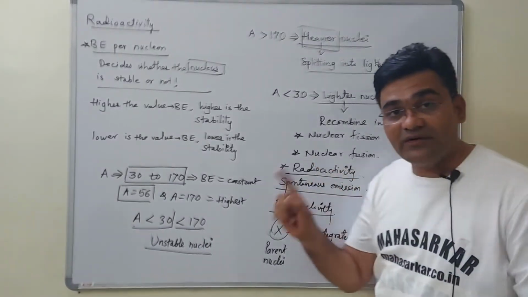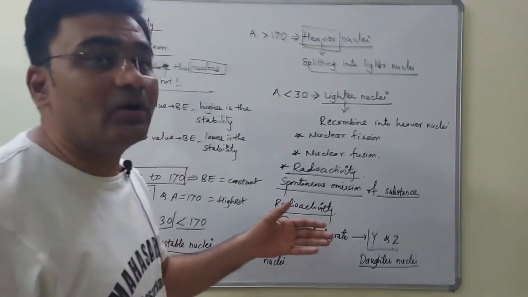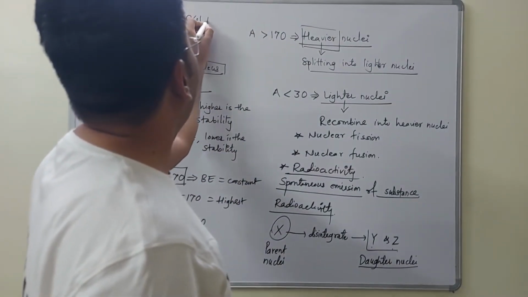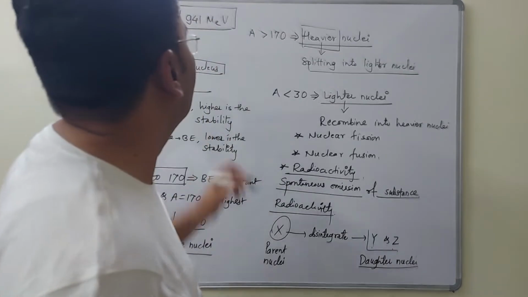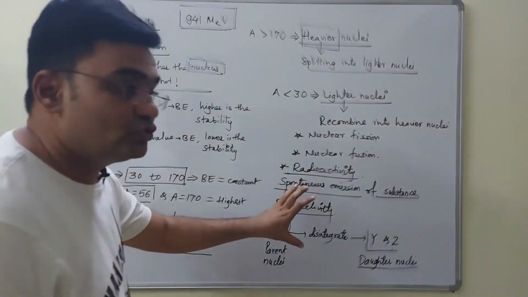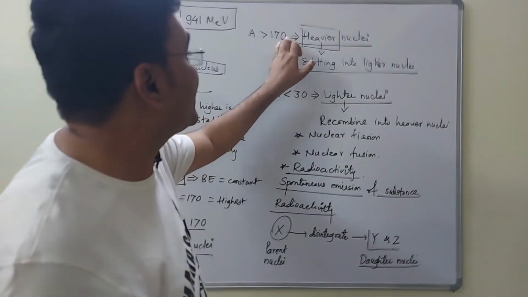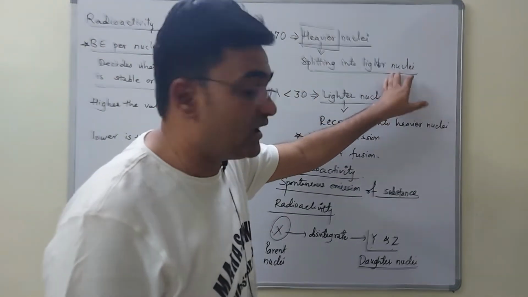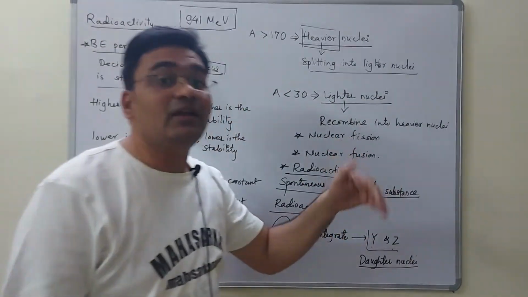During the process of radioactivity, a large amount of energy is emitted. For example, if that is emitted for a proton, then it is around 940 mega electron volt. Remember, this is tremendously high energy. So during radioactivity, every substance having atomic mass greater than 170 is considered heavier nuclei, so it splits into lighter nuclei and emits energy.